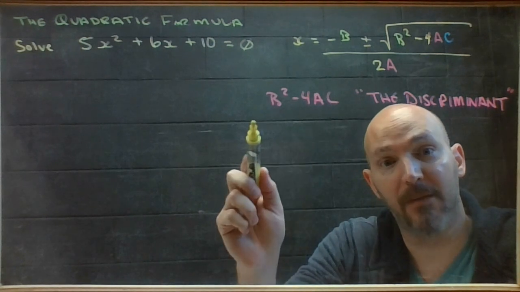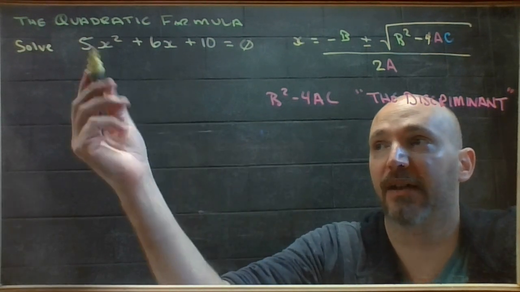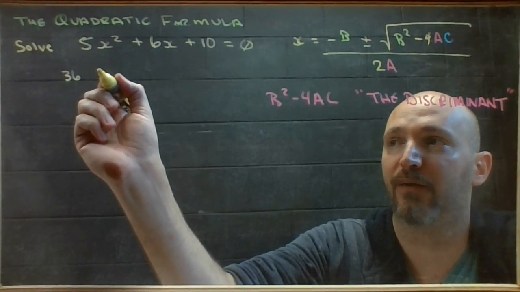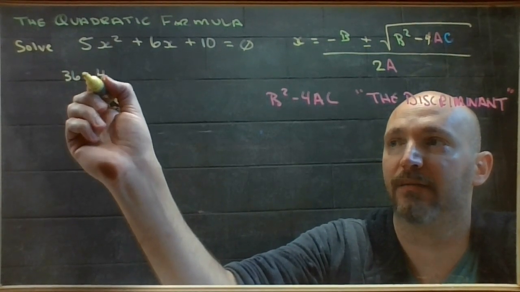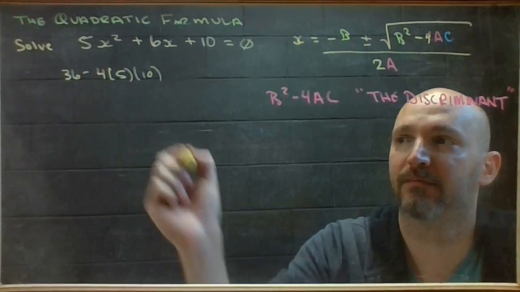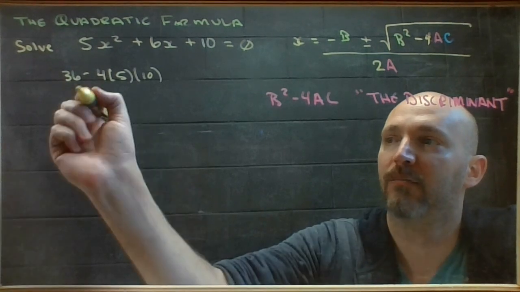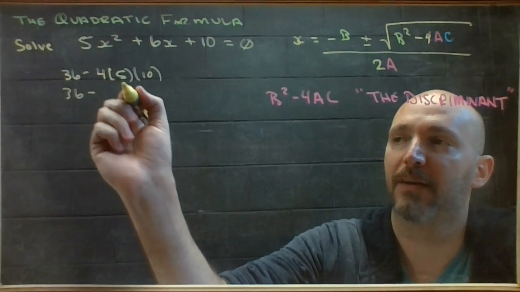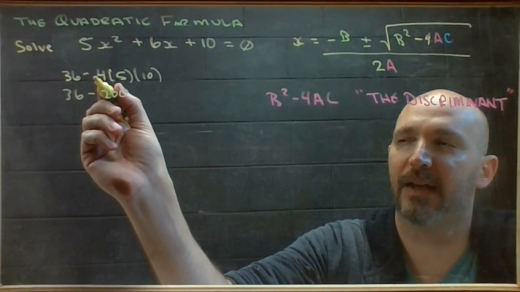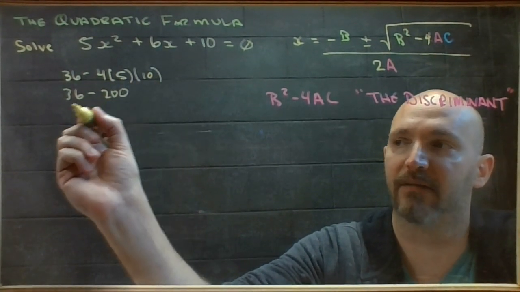So I'm going to evaluate my discriminant on this, take my b value and square it, 36. And then I need 4 times the a value times the c value. 4 times 5 is 20. 20 times 10 is 200. And a negative times a positive is a negative number.